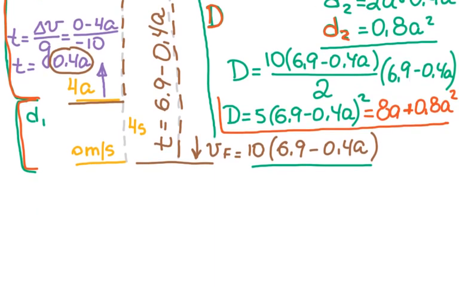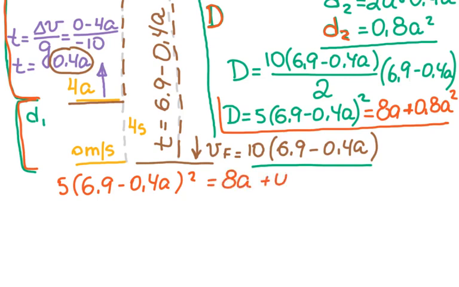So what I have is this: 5 times (6.9 minus 0.4a) squared is equal to 8a plus 0.8a squared. For this part, I'm gonna use binomial squared.